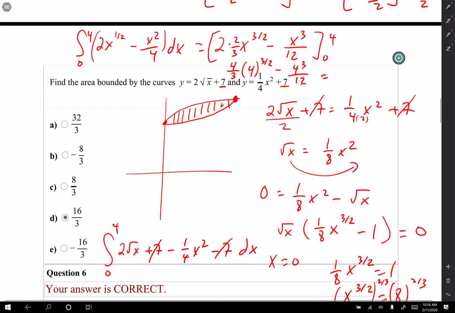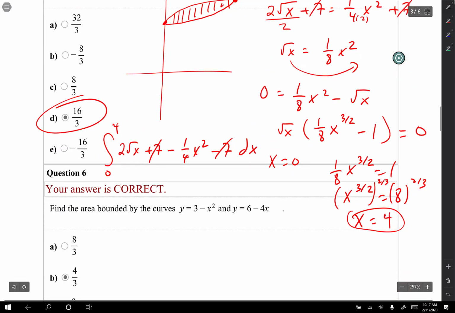And we get 16 over 3. We probably could have done it by hand as well, but I just used my little calculator. Alright.